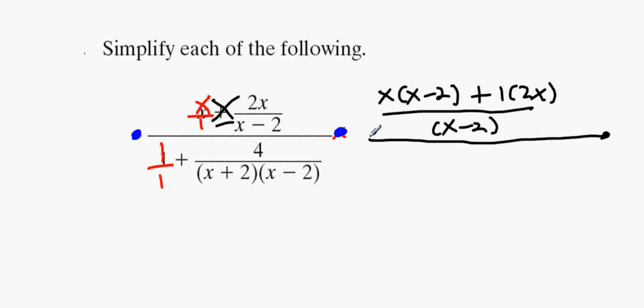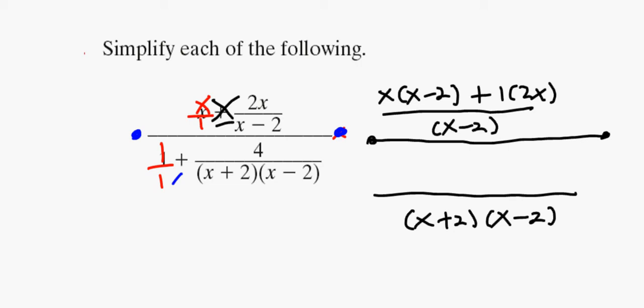The part on the bottom has to be done the same way. You multiply the denominators by each other, and you bring the x plus 2 up here, and you bring the 1 up here. Okay? So we're going to multiply the bottoms by each other first of all. 1 times this is going to be x plus 2 into x minus 2.